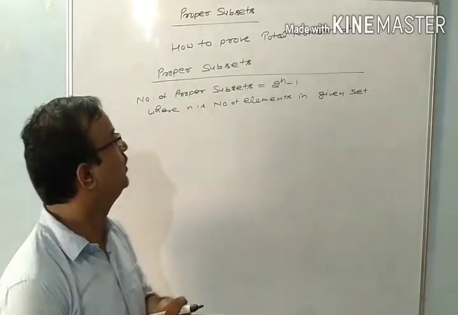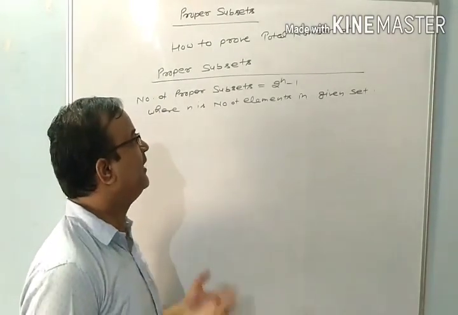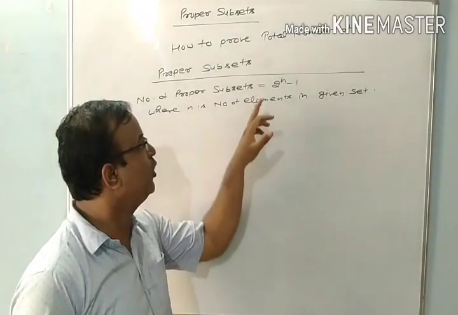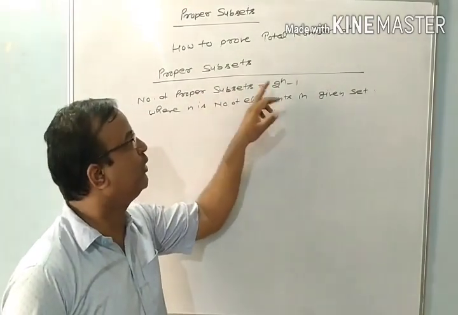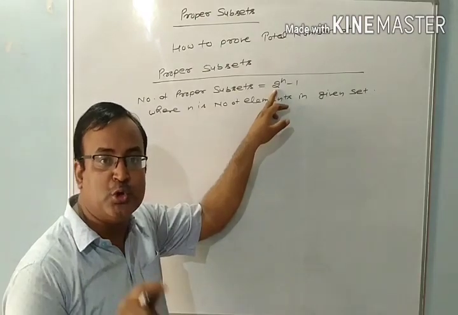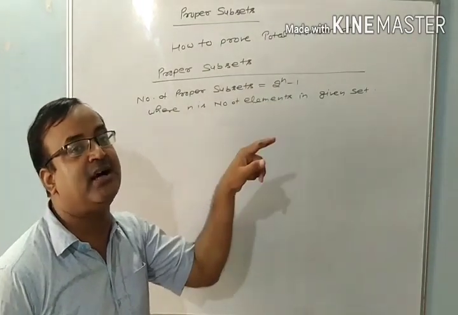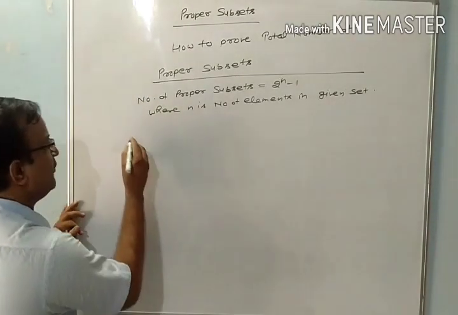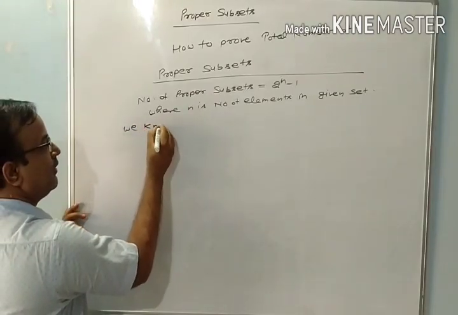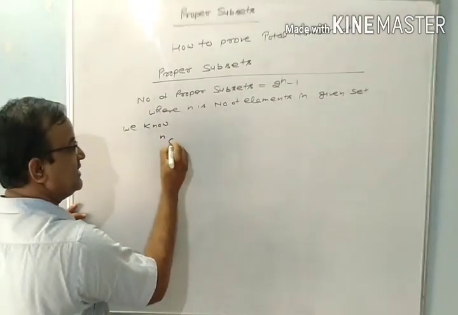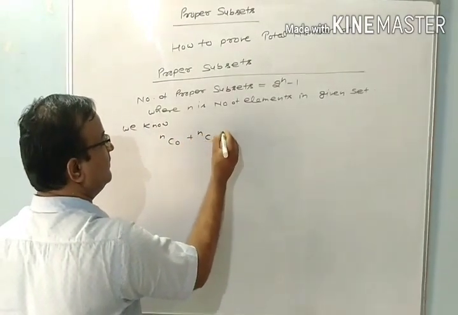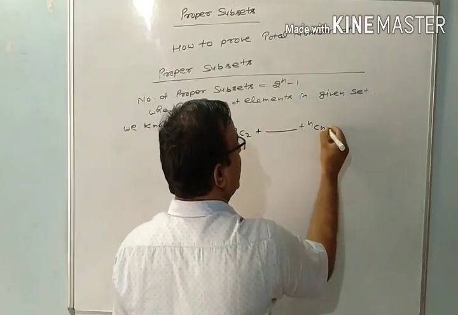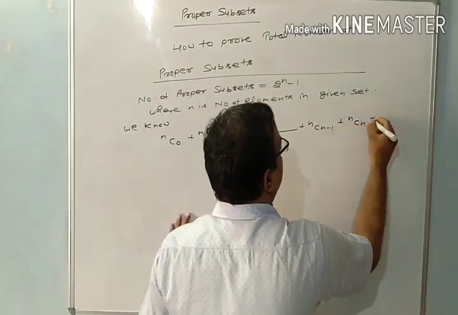We know nC0 plus nC1 plus nC2 plus ... plus nC(n minus 1) plus nCn is equal to 2 to the power n.